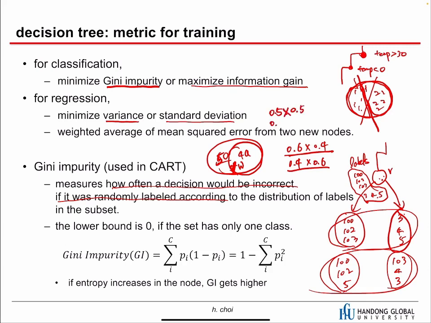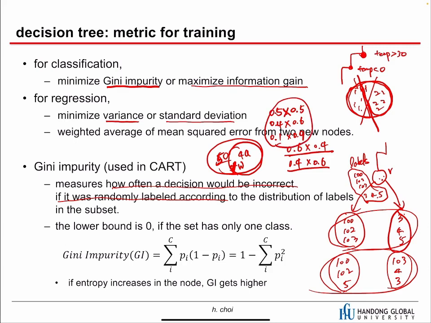Then 40% we are going to say apple, and in that case we are going to be wrong 60%. And we're going to say watermelon 10% of the time, and then we're going to be wrong 90%. So we have to add all these numbers. That's the impurity.